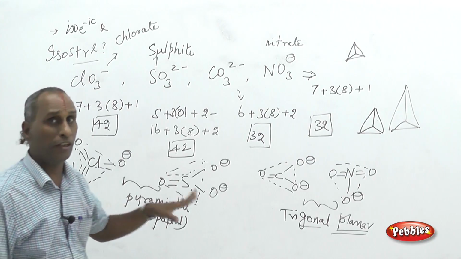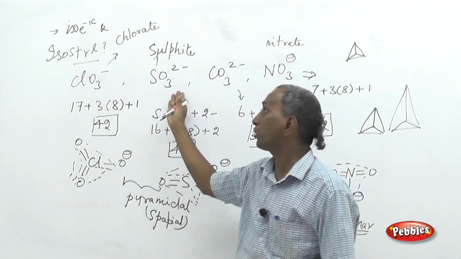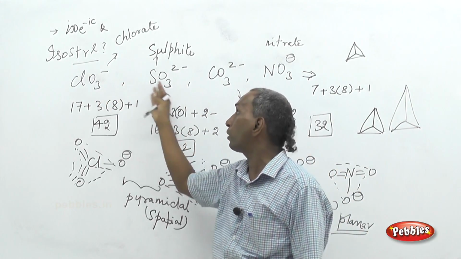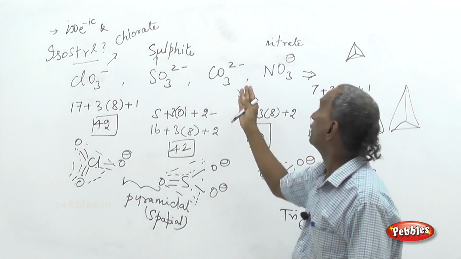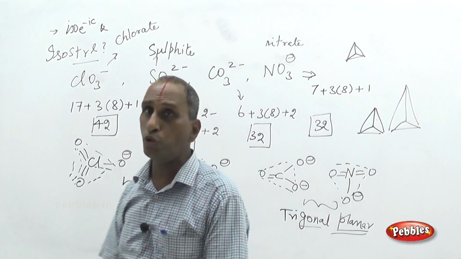So this finishes this. The first two are directly given as isostructural and isoelectronic, that is, chlorates and sulfites. Similarly, carbonates and nitrates are isoelectronic and isostructural.